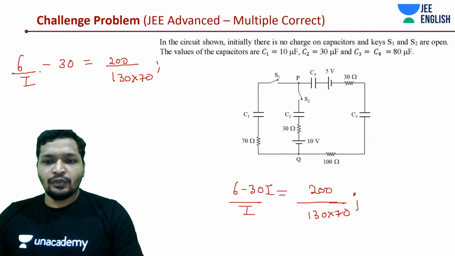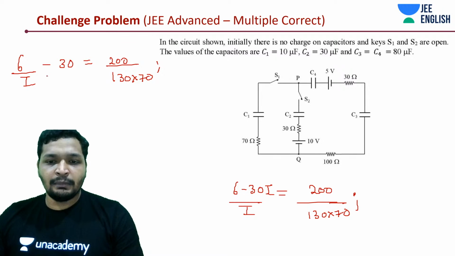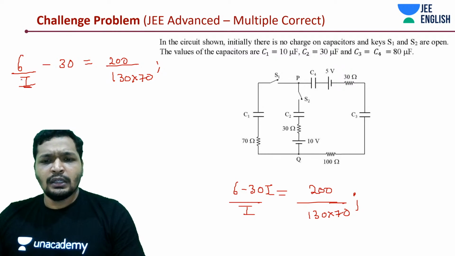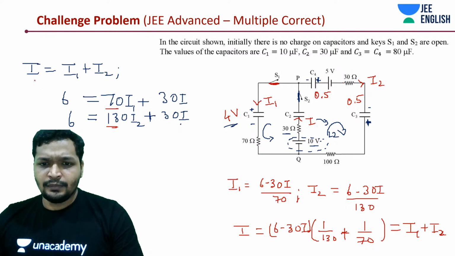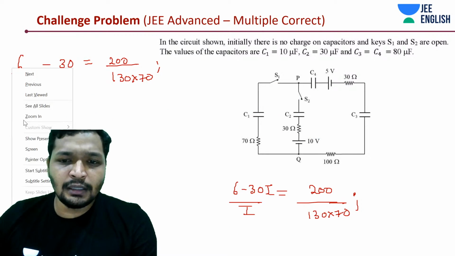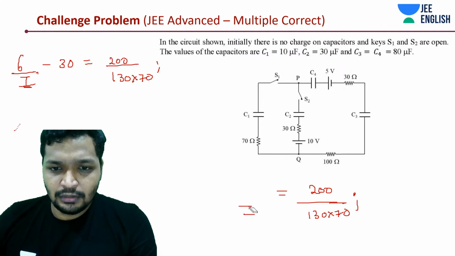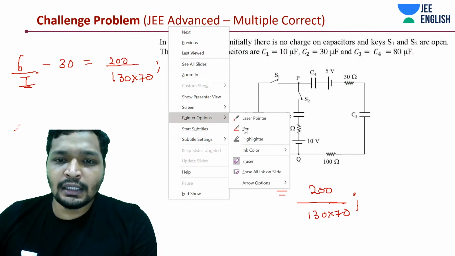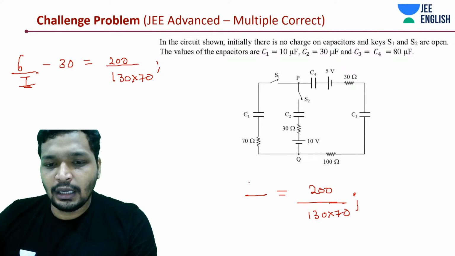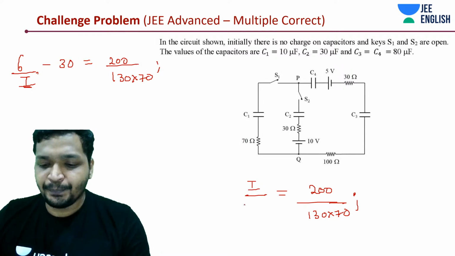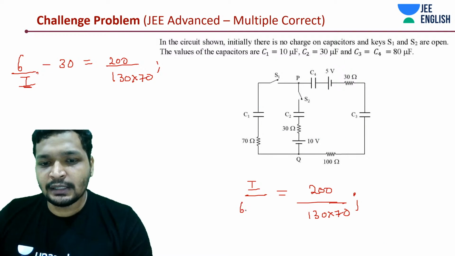So we have done a blunder. The blunder is in carrying the equation. This should have been I divided by 6 minus 30.